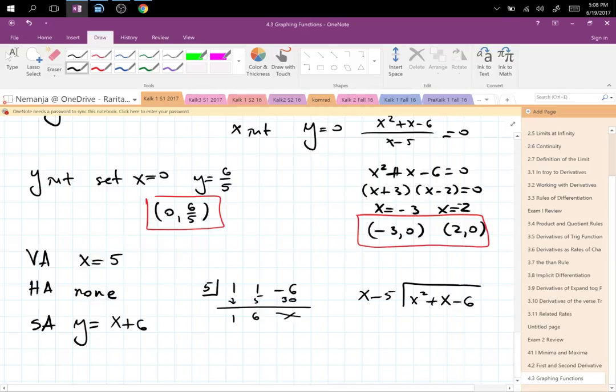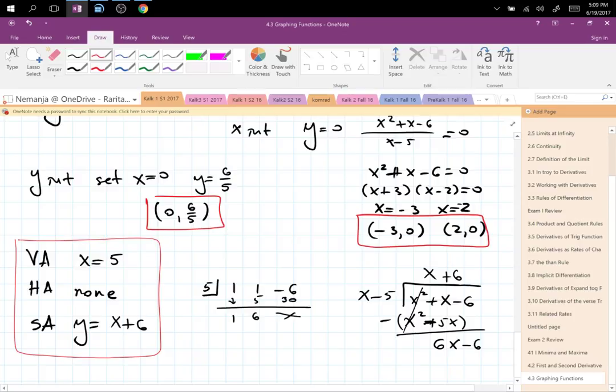So x goes into x squared x times, multiply it back, we get x squared minus 5x. And then when you subtract, these guys die. This creates 6x minus 6. And then x goes into this plus 6 times. And we don't care about the remainder because we just need the line. Now all of this is going on a graph as well.